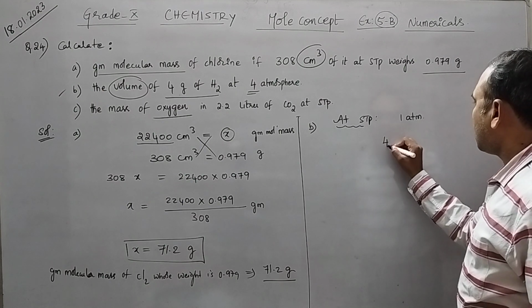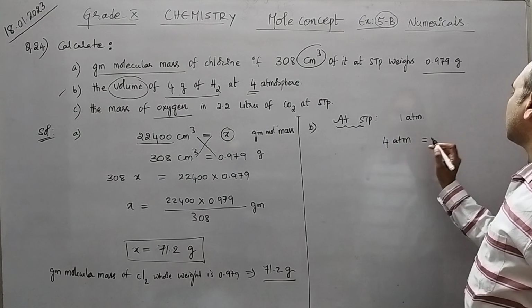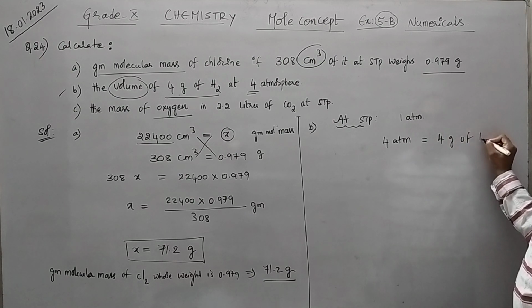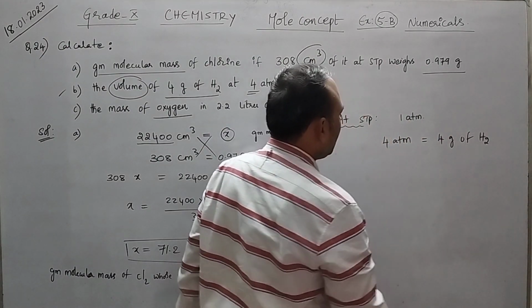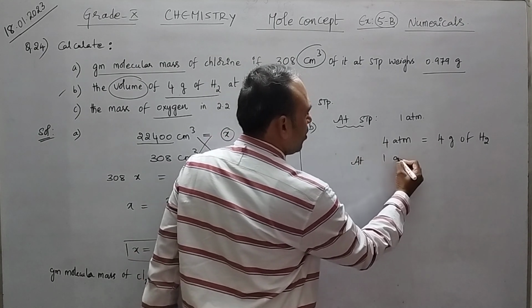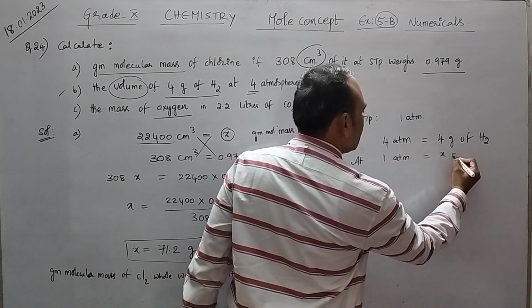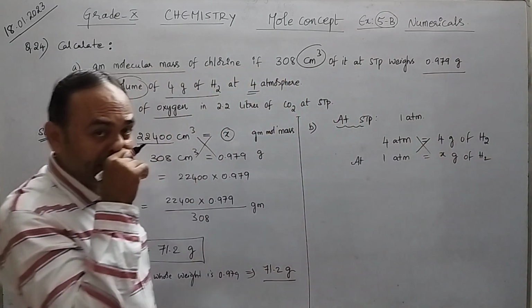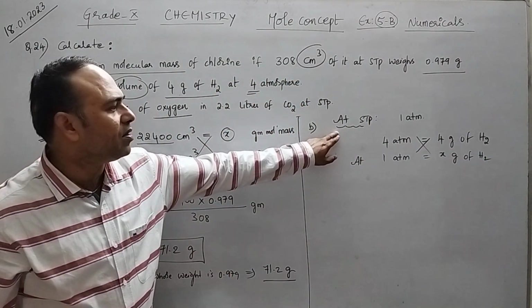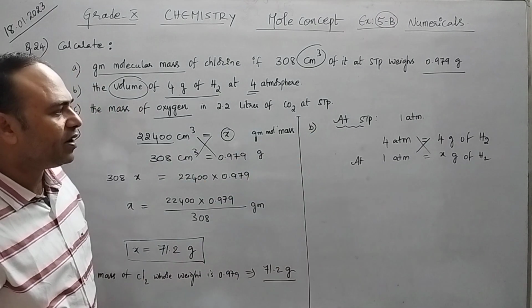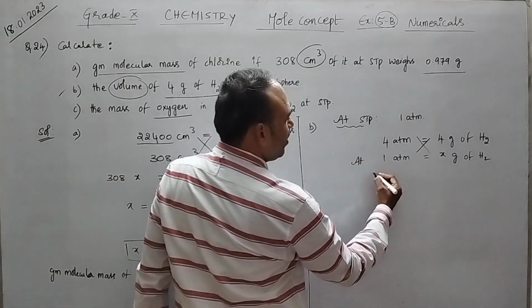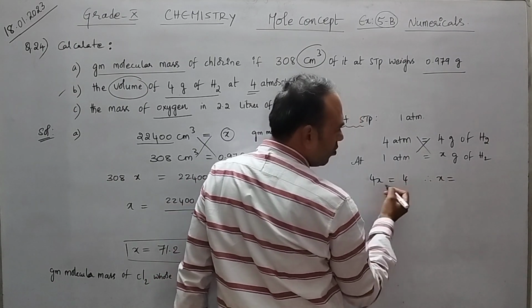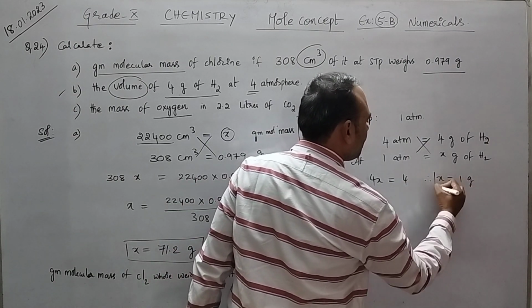We have at 4 atmospheric pressure we have 4 grams of hydrogen. So therefore at 1 atmosphere let us take X grams of hydrogen. So this will be at STP, and you know that at STP the volume is equivalent to 22.4 liters. Now we have 4x is equal to 4, therefore x is equal to 4 by 4, nothing but 1 gram.